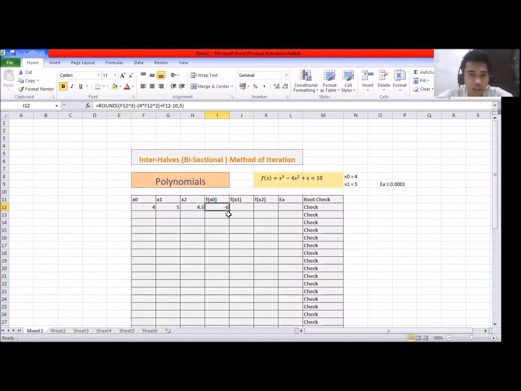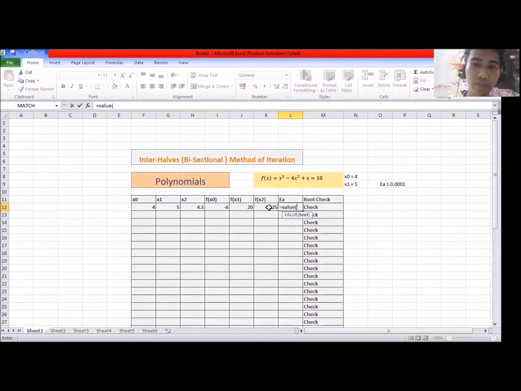So we repeat it for the function of x1 and the function of x2. We will get 20 and 4.625. So now we have the function of x2. We will rewrite it in absolute form to get the estimated root. Why do I type value?